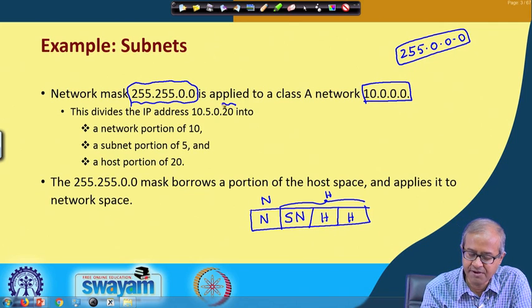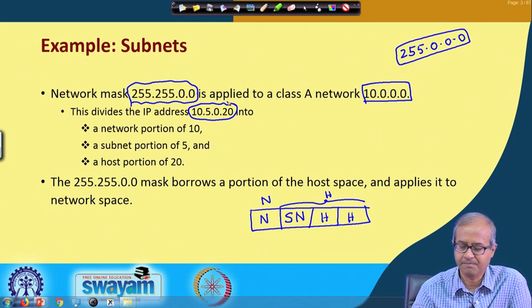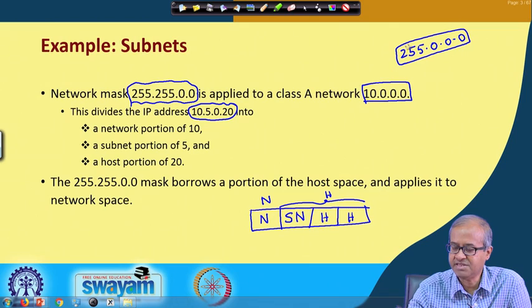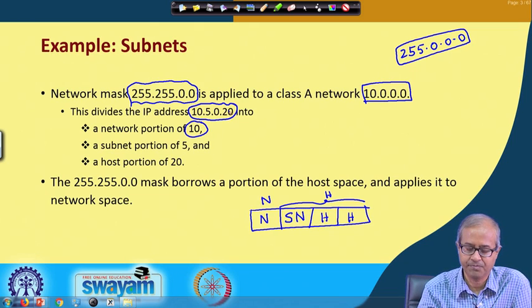So, if I now have an address like 10.5.0.20, then if you apply the natural mask of class A, 255.0.0.0, you will get the network part 10.0.0.0.